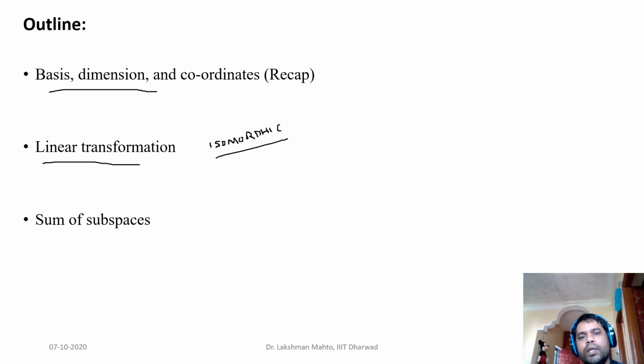So that coordinate transformation happens to be isomorphic in nature. Simply, you can say it is a one-to-one correspondence. A linear transformation with a one-to-one correspondence we call isomorphic, and the corresponding linear spaces we call isomorphic linear spaces. You have already seen in high school what one-to-one correspondence means.